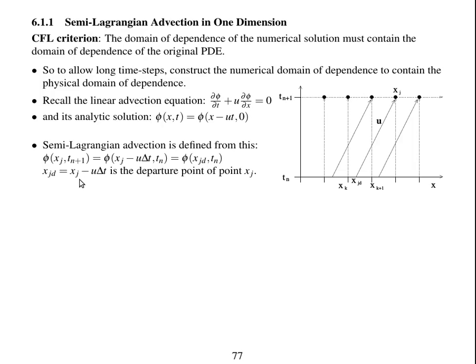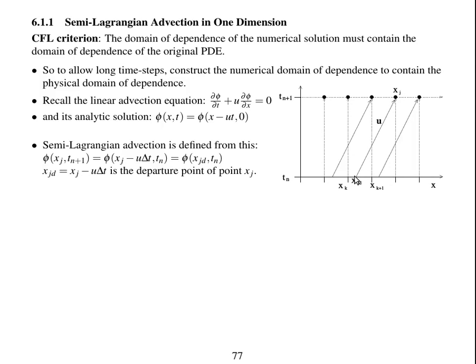So xjd is equal to xj minus u delta t. For example, this is showing time versus space, and these are all the positions where we need to work out what the new phi is. So here's phi at position xj at time level n plus 1. We go back to the previous time level along a trajectory and find out where the departure point is.